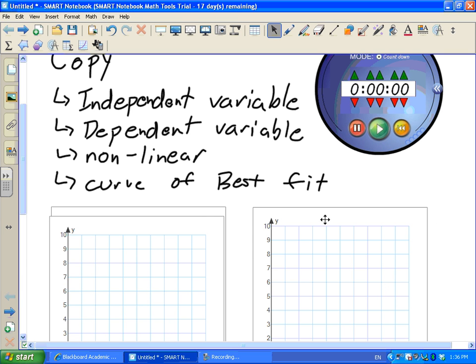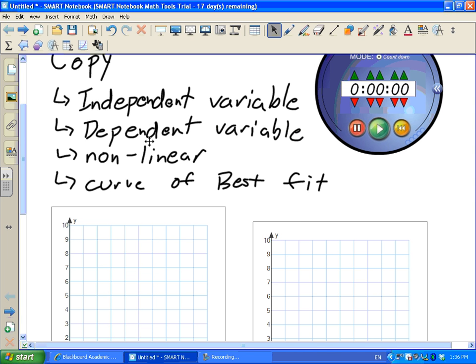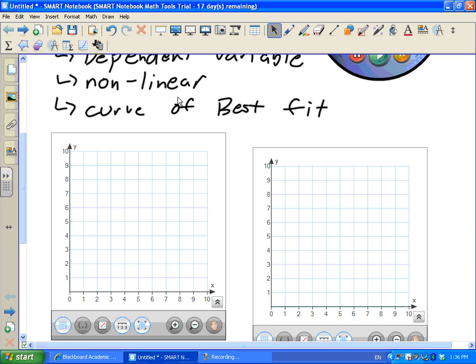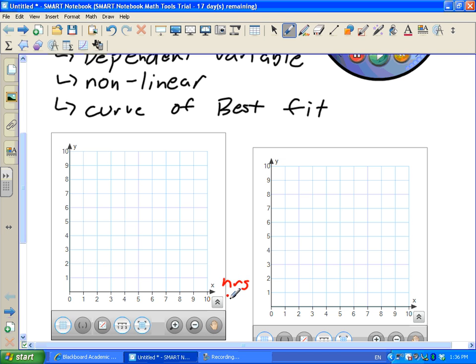Okay? So first of all, we're going to talk about independent and dependent variables. Say a teacher you knew once took stats on the amount of hours you study and somebody's grades. We're going to put hours studied on the x-axis, and grades on the y.